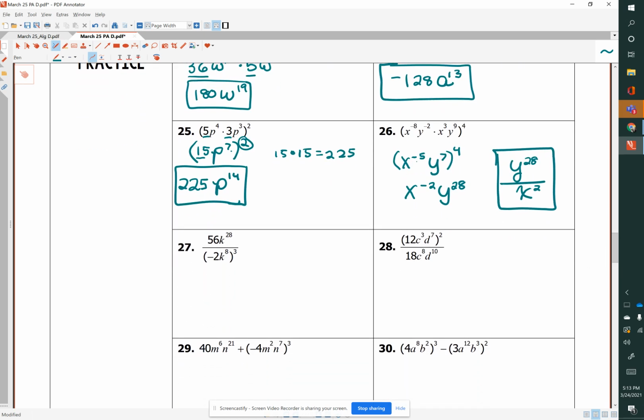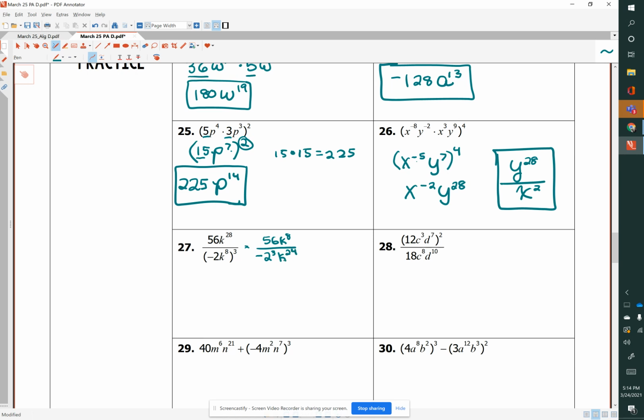Now number 27, 56k to the 28th power divided by negative 2k to the 8th, and all of that is raised to the third power. So I'm going to work with the denominator first. So we're going to have negative 2 to the third power, k to the 24th power.